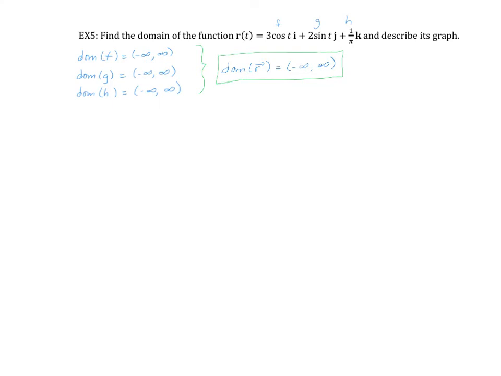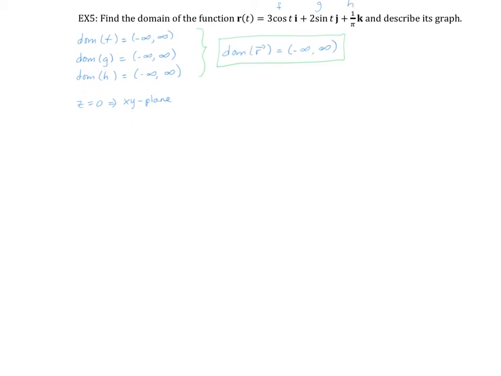In order to do that, I'm going to go ahead and let the z value be 0. So that means I'm going to describe this graph just in the xy plane. So I'm looking at the projection onto the xy plane as we did in that previous example.